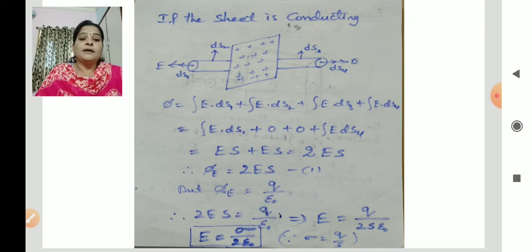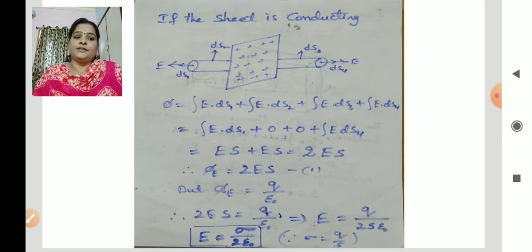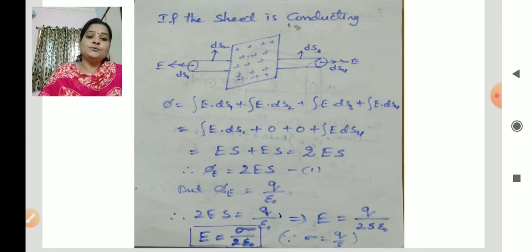So the flux is contributed only through the end surfaces of the cylindrical Gaussian surface, so the electric flux is equal to ES plus ES. In order to avoid confusion I have written S1, S2, S3, S4, but you can take it as ds also. The integration of ds1 is S and the integration of ds4 is also S. Therefore I wrote it as 2ES.